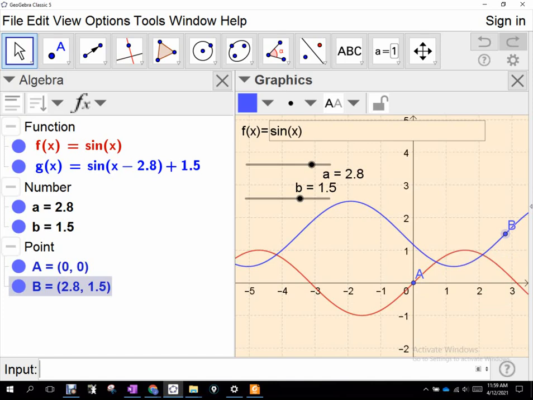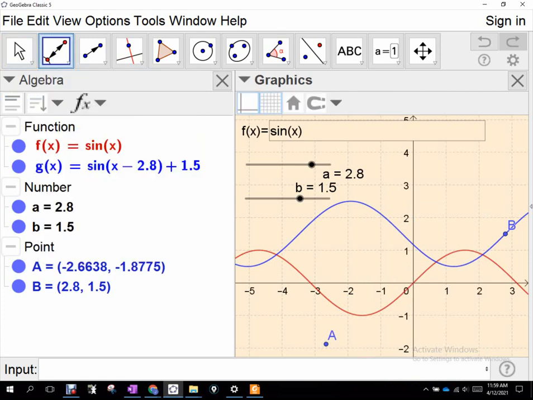Okay. So let's do this. Let's see if I can take, okay, so I'm just going to see if I can get that point to stay on the red curve. Get rid of B. So I'm going to do this.